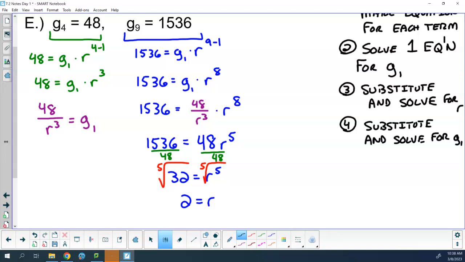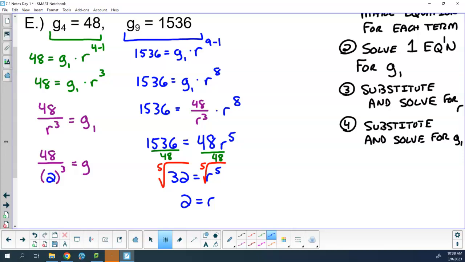Makes sense to put r back into that equation right there, the purple one, right? 2 cubed, 2 times 2 times 2, shouldn't need a calculator for it.